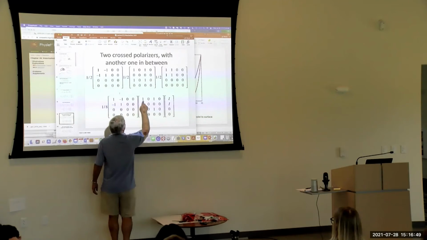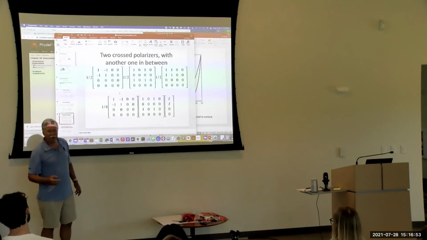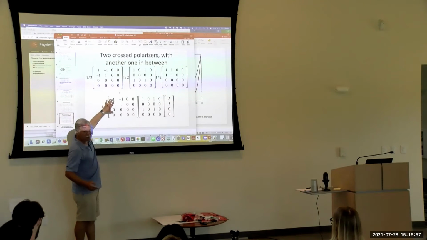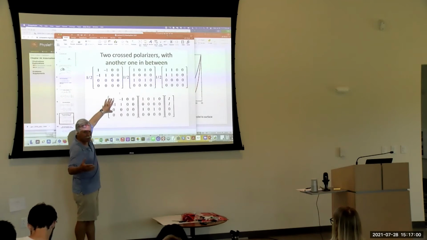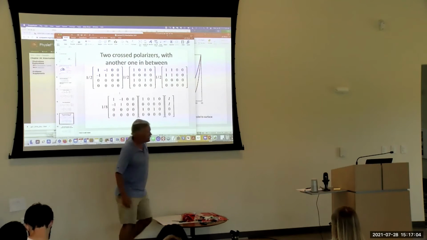So you end up with 1, 0, 1, 0. So there is some light coming through. Now you multiply it by the next one, which is the cross polarizer, the last of our 3 polarizers. And I think I actually have this on the next slide.